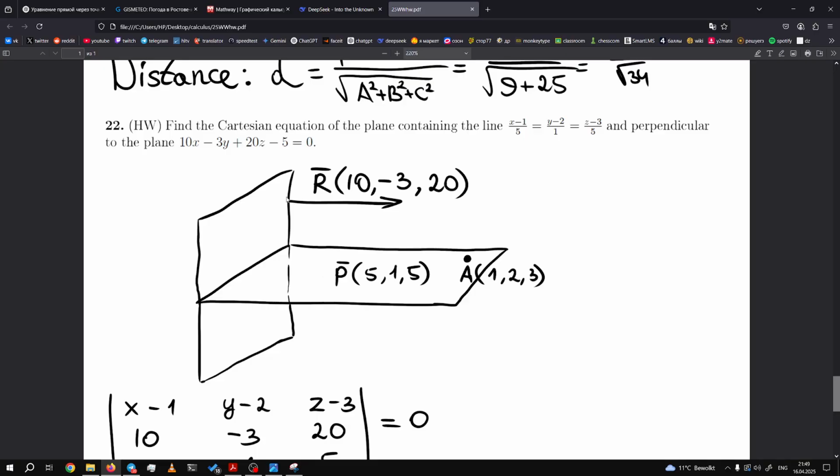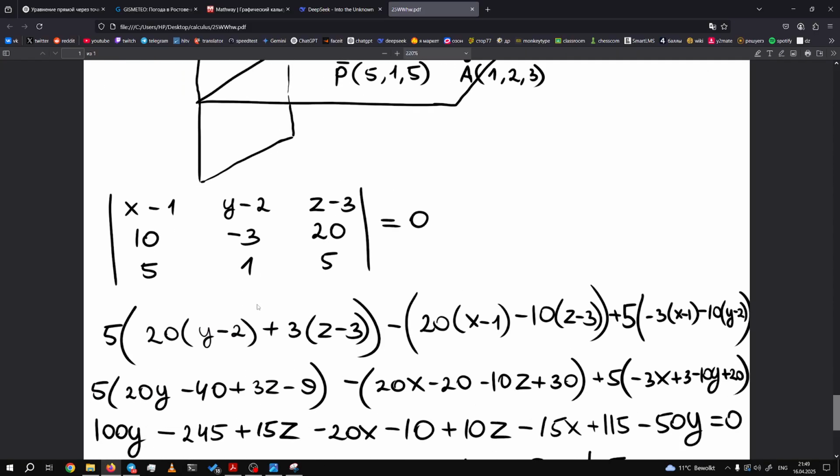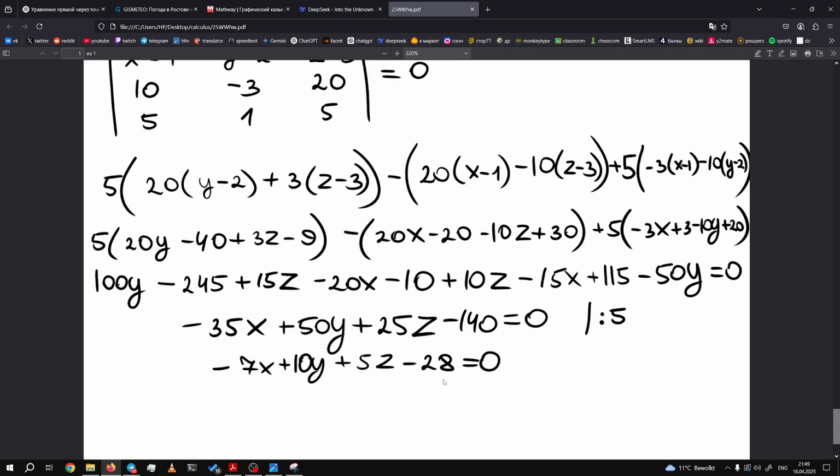So we found the normal vector from this one by these coefficients, and this is actually in our plane, and P and a point. So two vectors and a point, that means that we can find the Cartesian equation by determinant. So we solve this determinant and find the final result. This is just calculations, so no need to mention it.